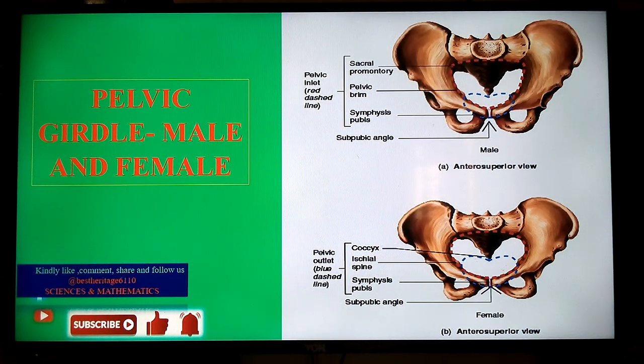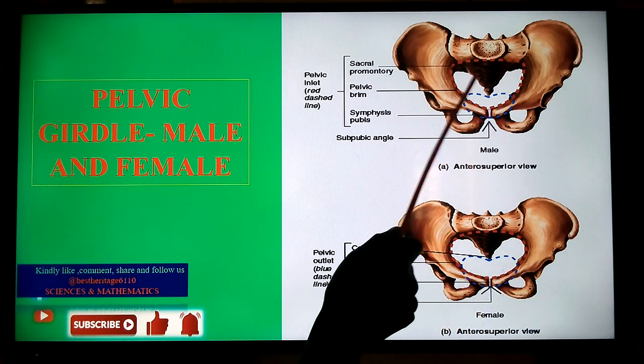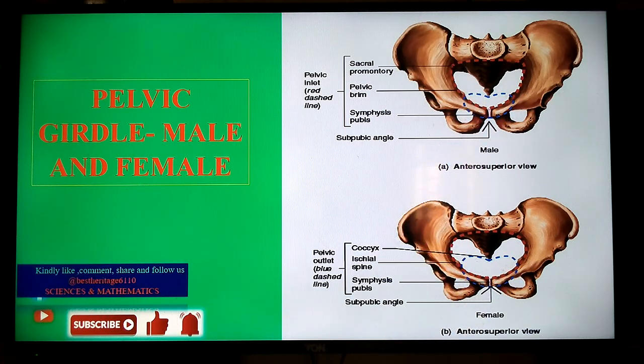The difference is that in females, the ischial spines are further apart as compared to the male ones. That will be elaborated when I give our last illustration for a detailed description of this pelvic girdle.